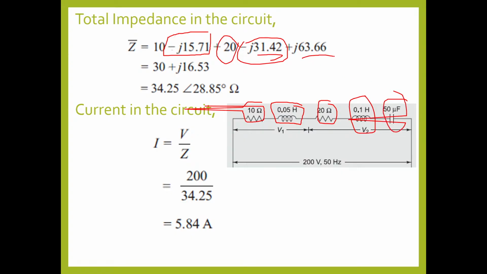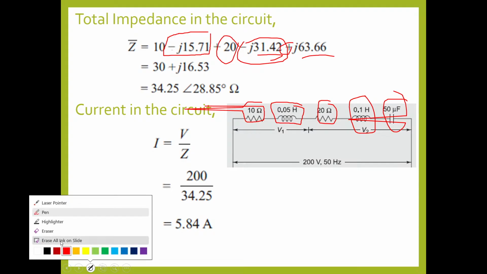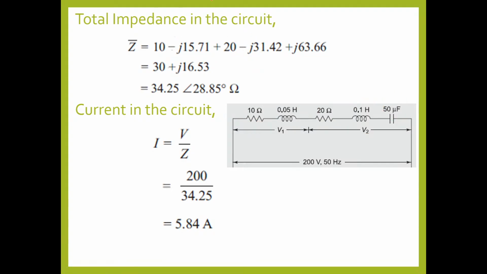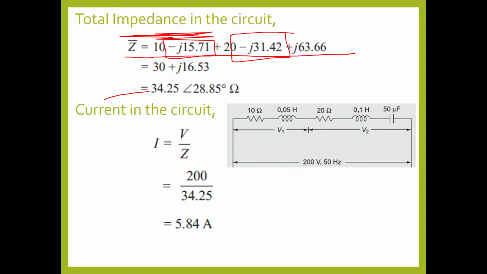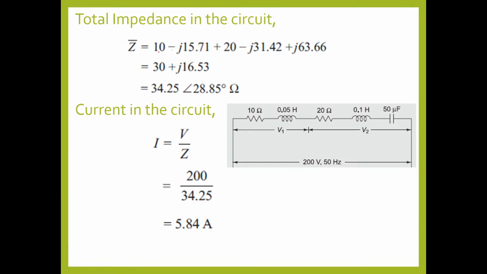Capacitive reactance is greater than XL1 and XL2, so I have considered it as positive. Instead of adding all the resistance and reactance values, I have considered inductive reactances negative, because capacitive reactance was greater than inductive reactance. So if you are listening, you will be able to follow.